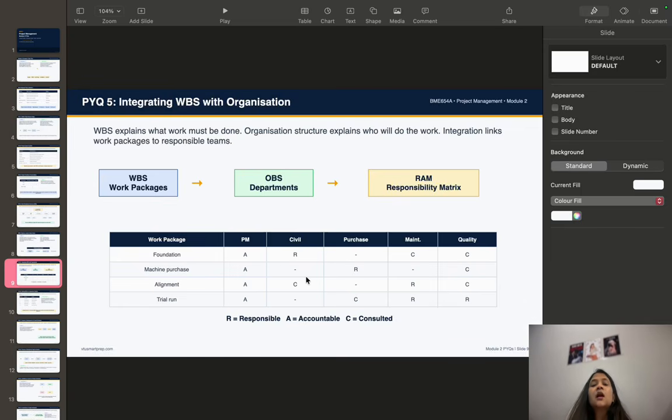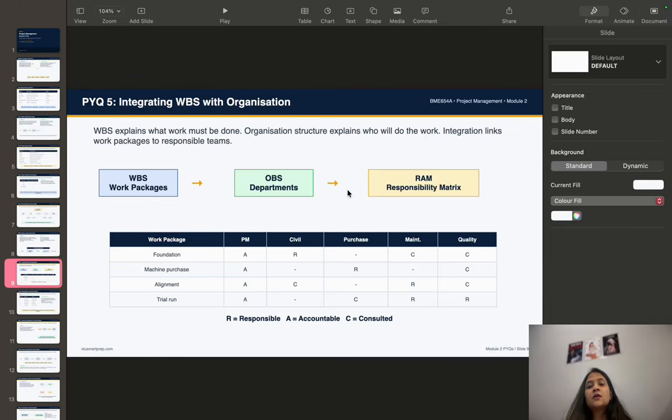In the table, R means responsible, A means accountable, and C means consulted. Again here you can see R means responsible, A means accountable, and C means consulted. You can also call it the responsibility assignment matrix.